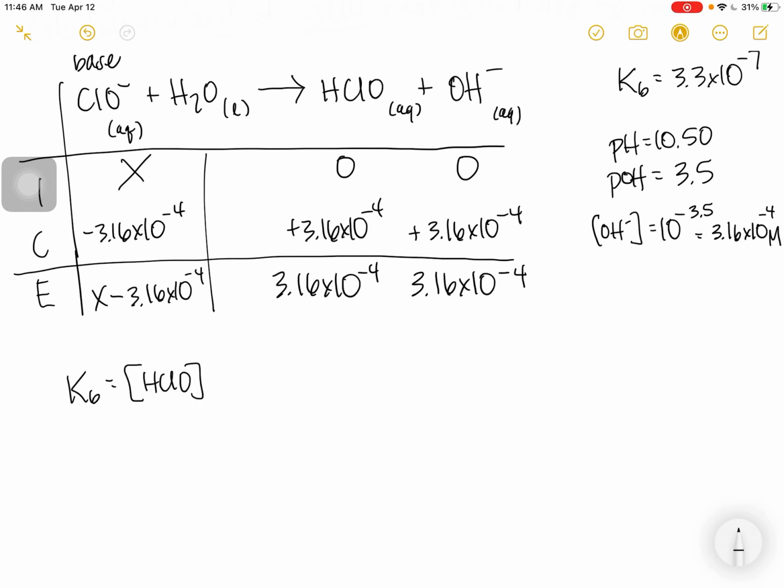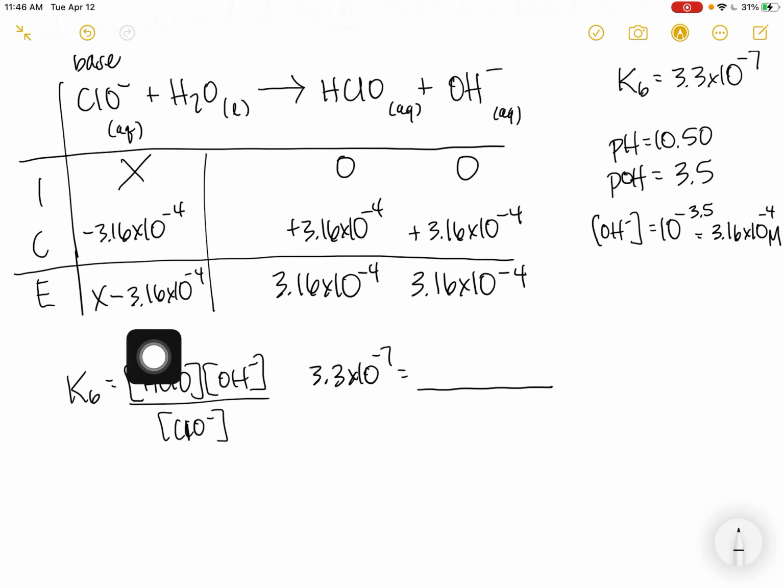So let's think about this. I can write a Kb. So now, I know Kb, 3.3 times 10 to the negative 7. I now know that both HClO and OH minus are represented by this number and this number, so multiplied together, that's that number squared.